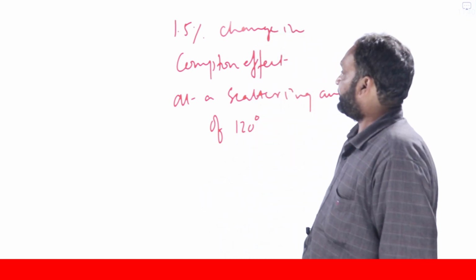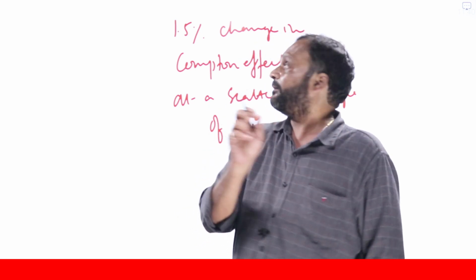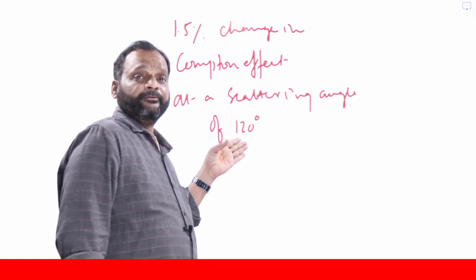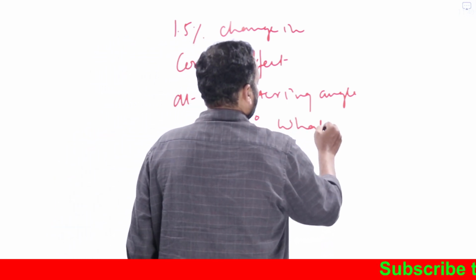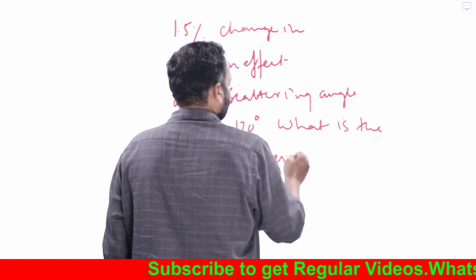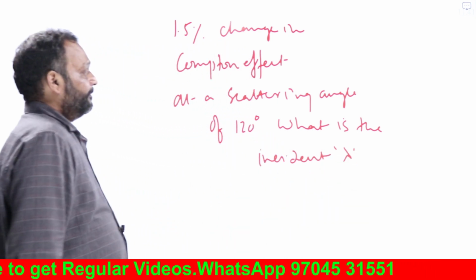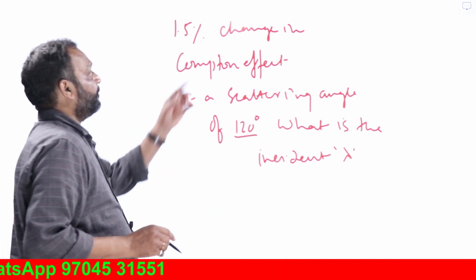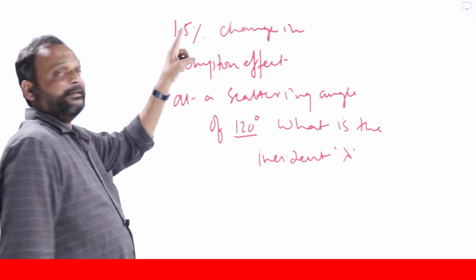He has observed the Compton shift d lambda to be 1.5% when the scattering angle is 120 degrees. Then what is the incident wavelength? The incident lambda is asked. What is given? The scattering angle theta is given, and a 1.5% change in Compton shift.